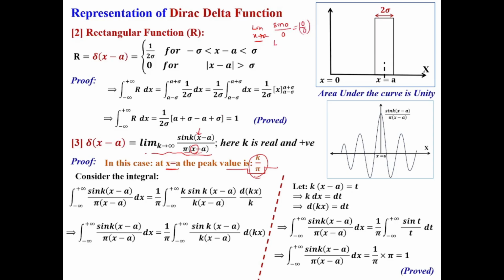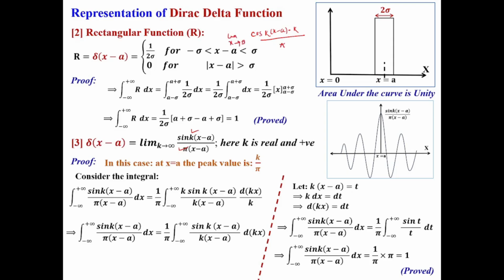That means we have to apply L'Hospital's rule. If I apply L'Hospital's rule to the numerator and denominator, what do we get? It will be cos k(x minus a) into k divided by pi, limit x tends to a.